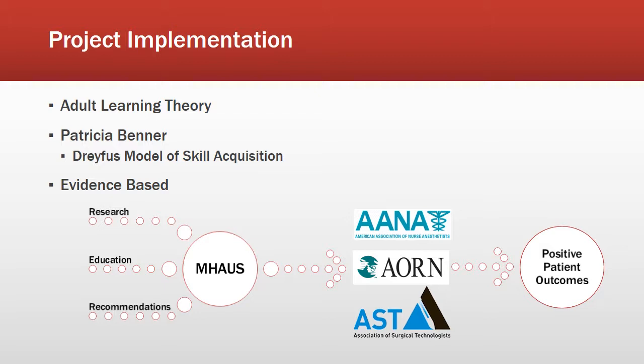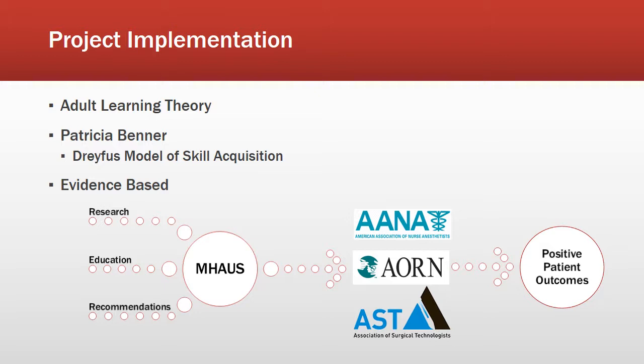This project was designed to teach different health professionals with different levels of educational backgrounds and experience that are working within the same department. Although numerous theories could have been applied here, the author chose adult learning theory developed by Malcolm Knowles in the 1980s and Patricia Benner's nursing theory, which is based on Dreyfus's model of skill acquisition.